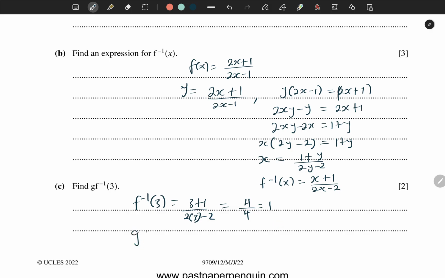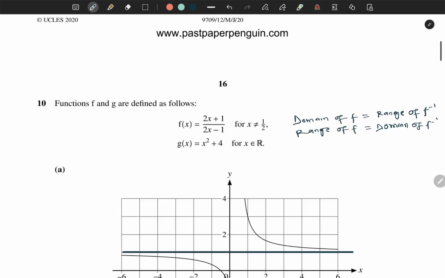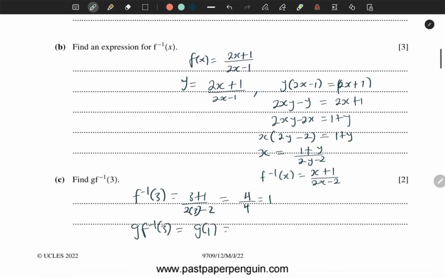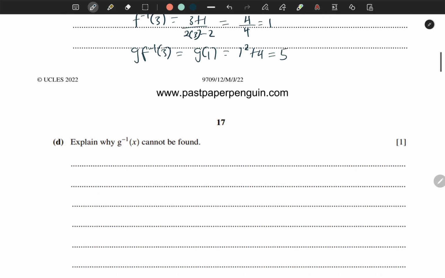So now we put that in g of 1. What do we have as g of x? g of x is x squared plus 4. So 1 squared plus 4, and this is 5. That is the solution to that.